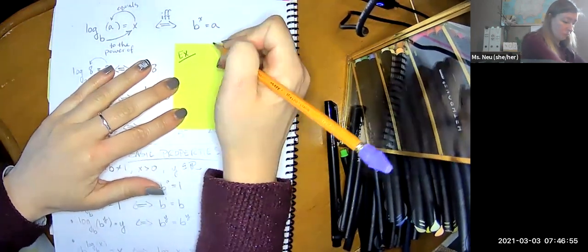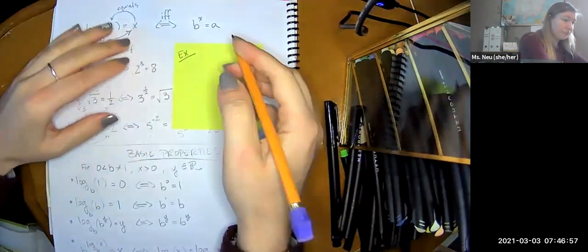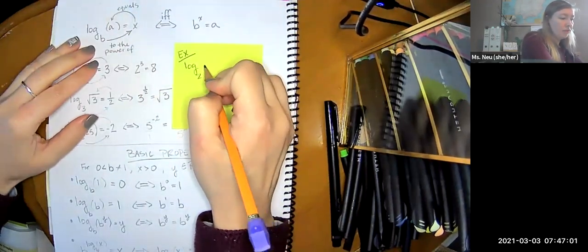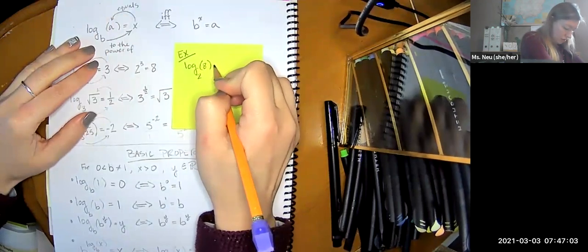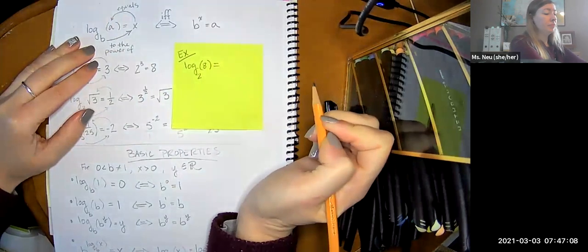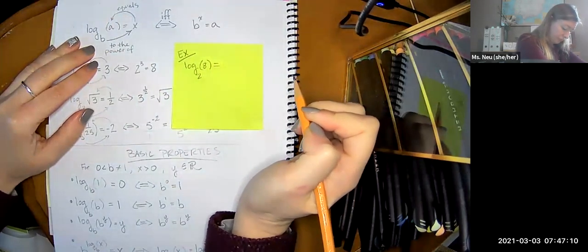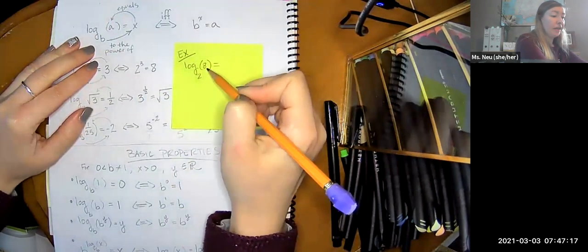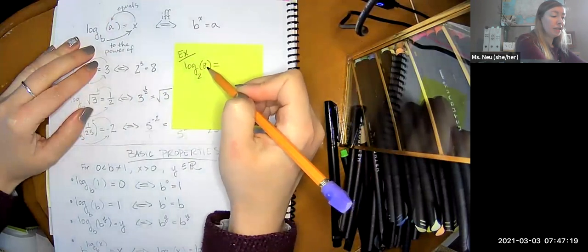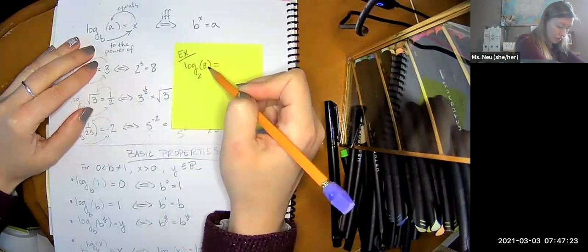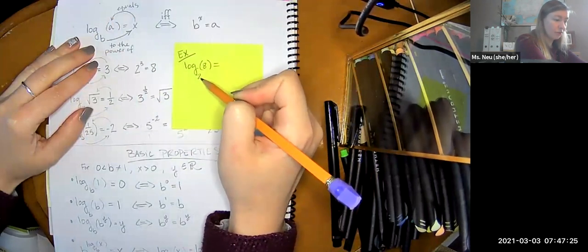So let's do another example. How about log base 2 of 8? What does that equal? Well, I'd really like to rewrite this so that I can see the exponents that are going on here, right? Because I know there's a 2 involved with that.